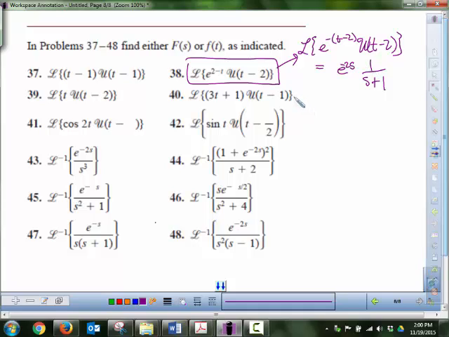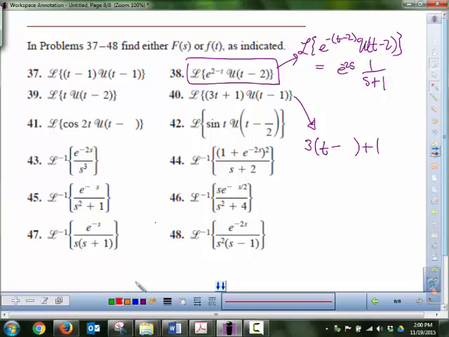Let's do one more real quick. So this one is 3t plus 1, but you want a t minus 1, right? So you could pull a 3 out if you want, but you want a t minus 1 in there. So we'll do that thing where we have 3t plus 1, and then we'll add 0 to it, and think about splitting this up into two different pieces.